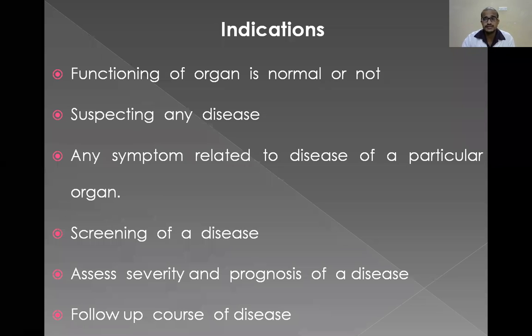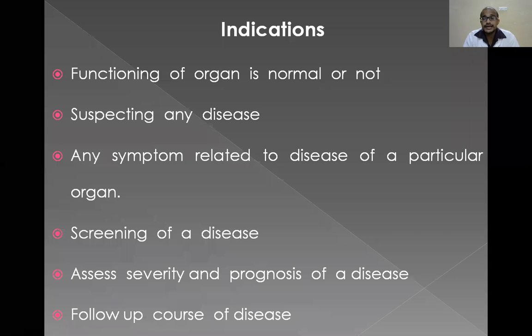So screening means examining a set of people to see how many are having a particular disease. In the case of screening of liver diseases and kidney diseases also, the organ function test can be done.